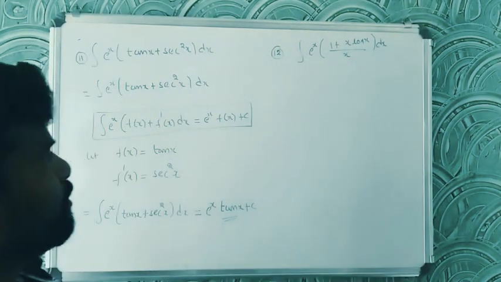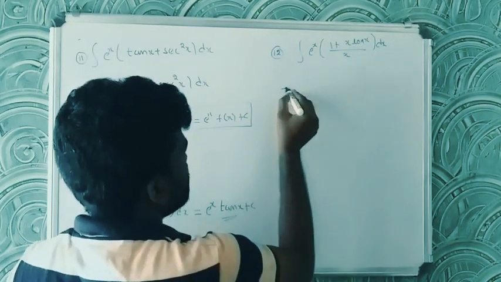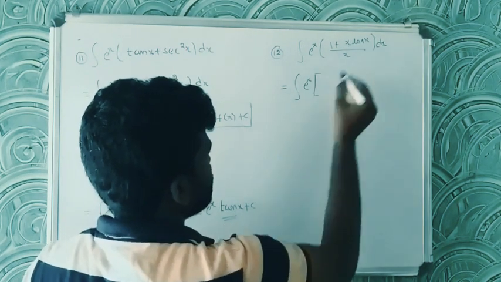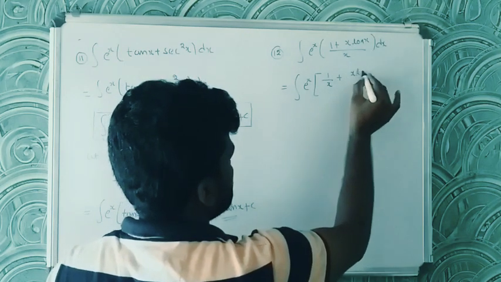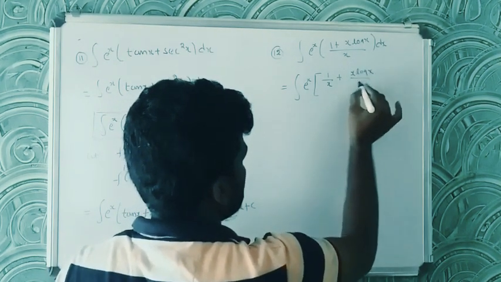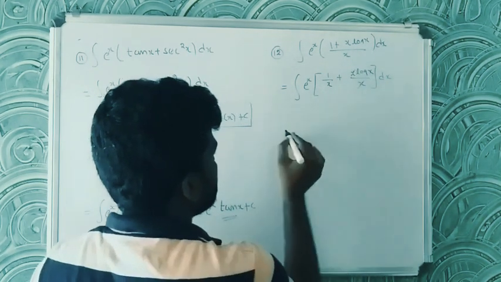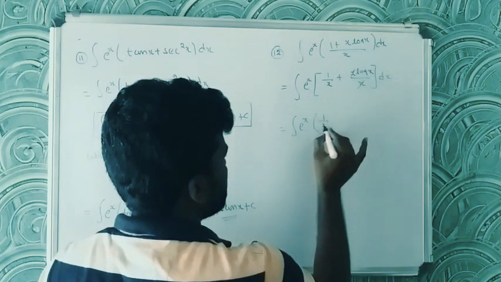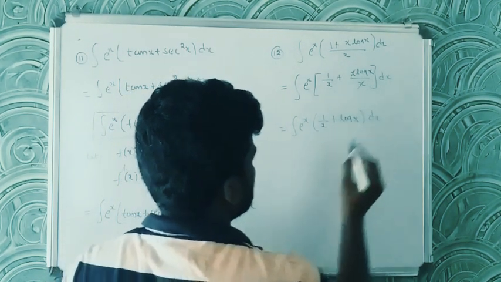Here apply the function x to both terms: 1 by x plus x log x by x into dx. Here x cancels. Integration of e power of x into 1 by x plus log x into dx.